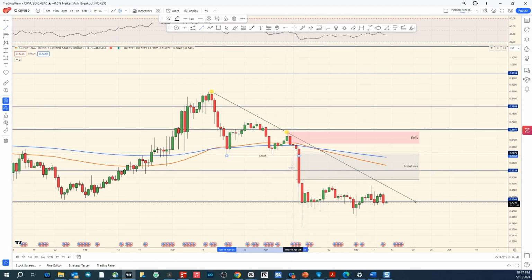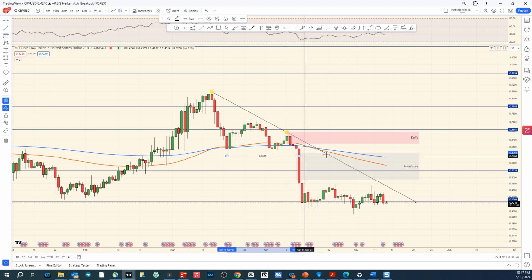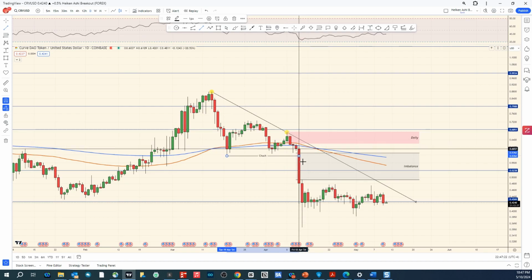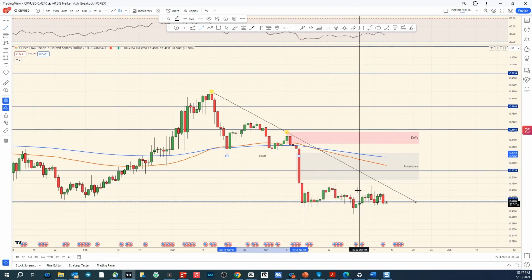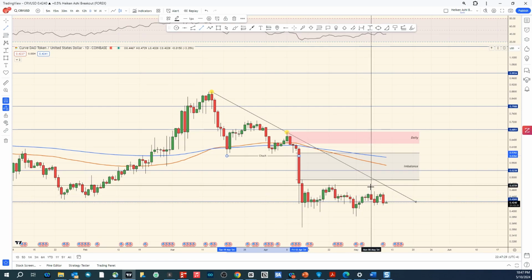This low was broken here, and that changed the character of the price, meaning that now the market was shifting from bullish to bearish. And as you can see, price came down, and price hasn't really got its footing yet to make a move back up. Okay.